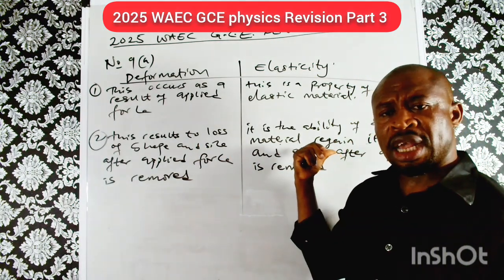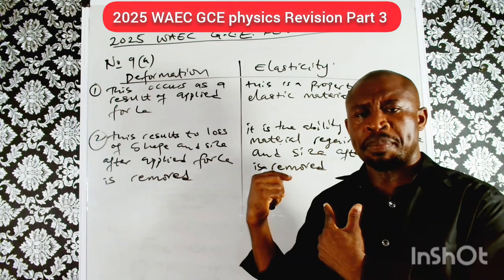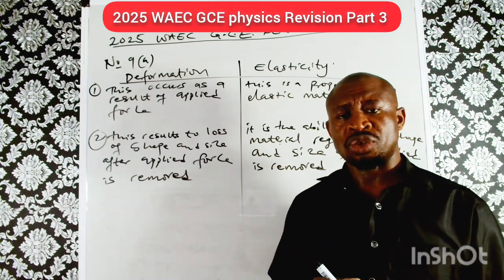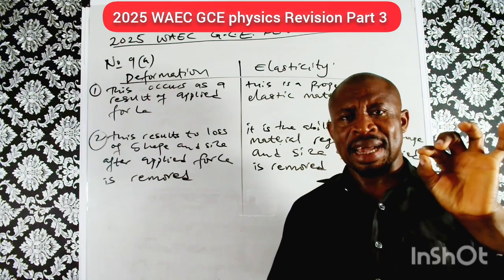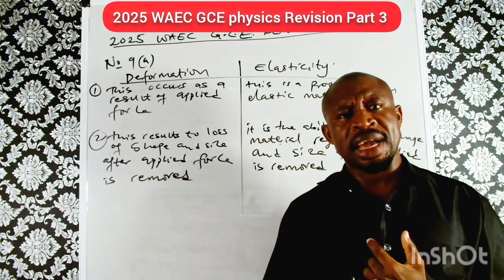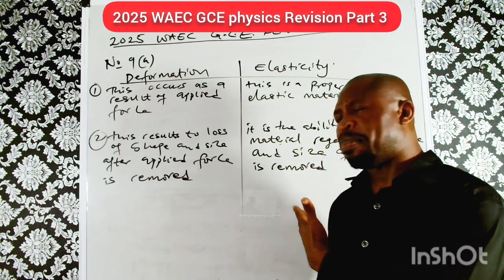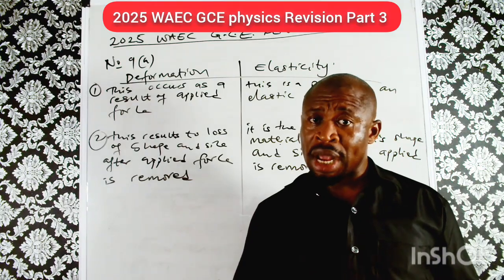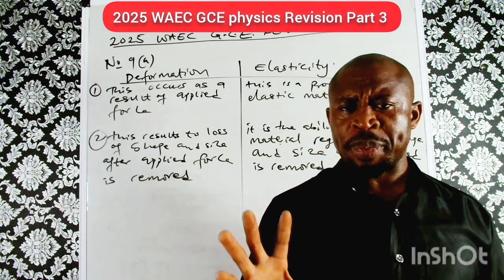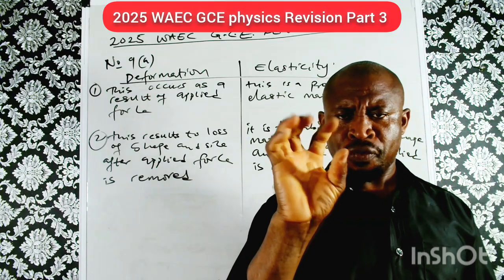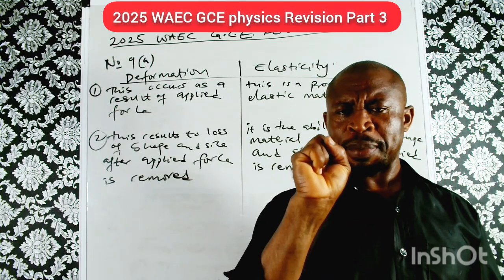Whereas elastic materials return to their former shape and size the moment you remove the applied force. For example, if you fold a sheet of paper, that is applied force.